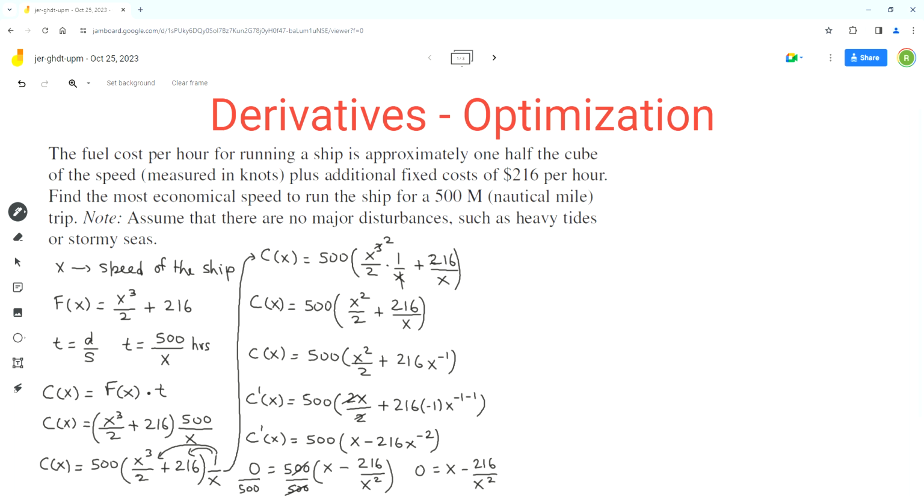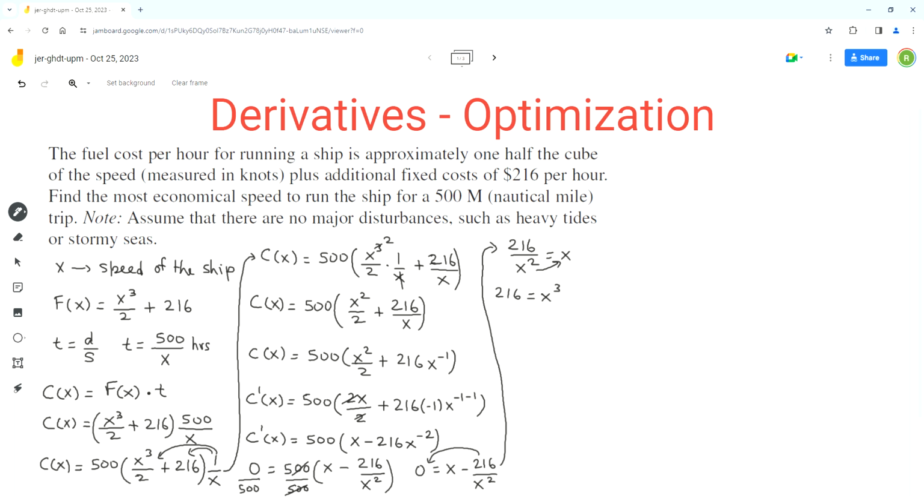Now we can move this 216 over x squared to the left side of the equation, and that will make this term positive, so we get 216 over x squared equals x. And now we have to cross multiply the x squared, so we get 216 equals x cubed.